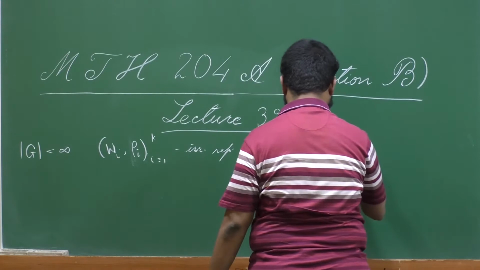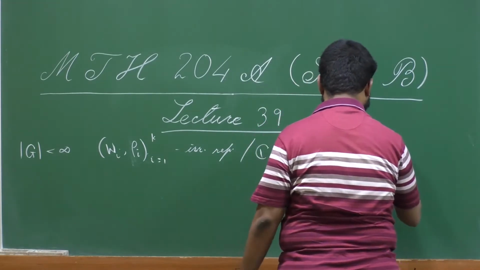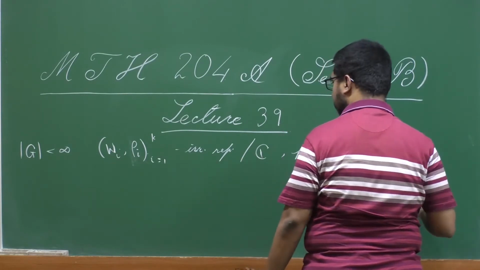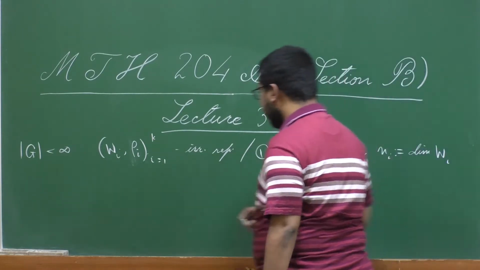We denote the character of rho_i by chi_i, and let n_i stand for the dimension of W_i.